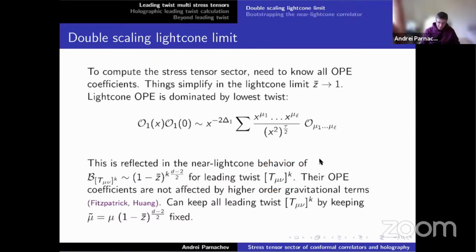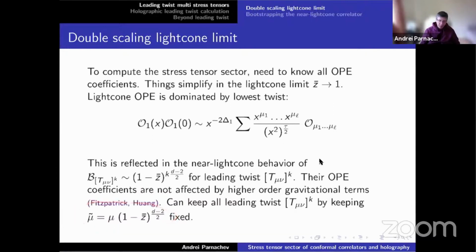In particular, it's an interesting fact that their OPE coefficients exhibit some universality. Namely, they're not affected by higher order gravitational terms in the bulk in holographic theories. They're completely fixed. So we can keep all of these leading twist contributions by keeping the parameter mu tilde, which is mu times 1 minus z bar to the power d minus 2 over 2, fixed.